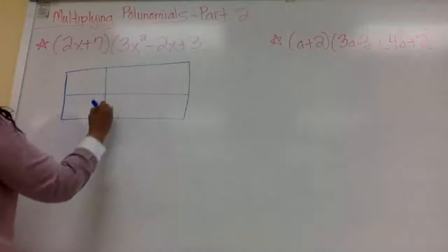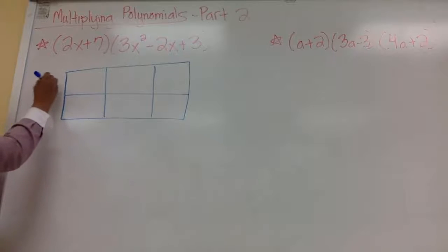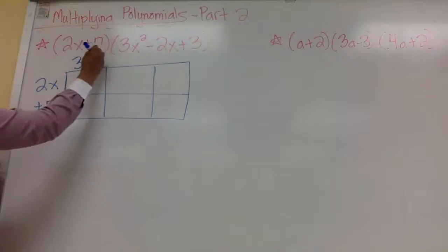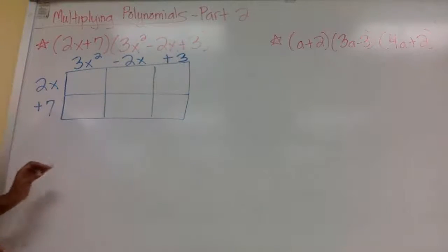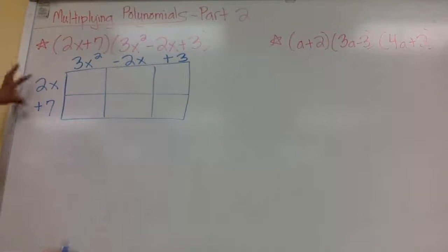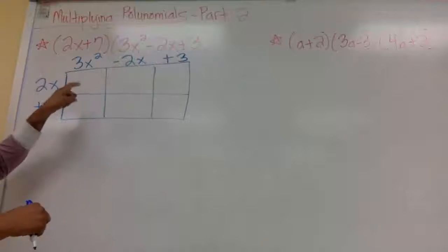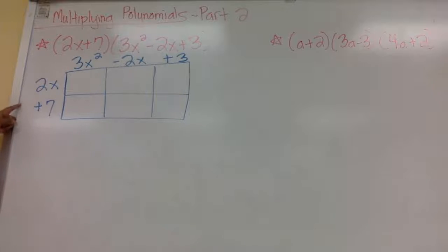Makes no difference whatsoever. 2x plus 7, 3x squared minus 2x plus 3. My box can be this direction or this direction. So the 2x plus 7 can be on the side or the top, depending on how you draw it. You just need to make sure you have 6 squares. So 2x plus 7 times 3x squared minus 2x plus 3.